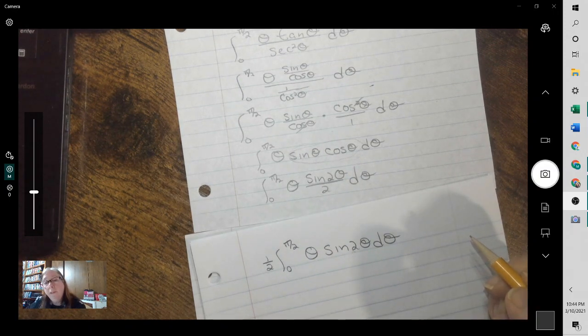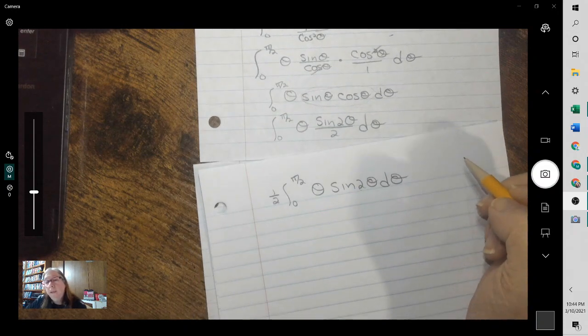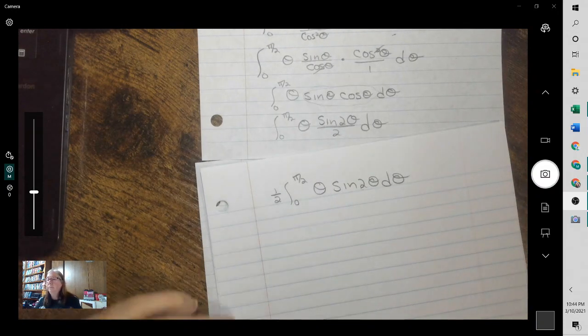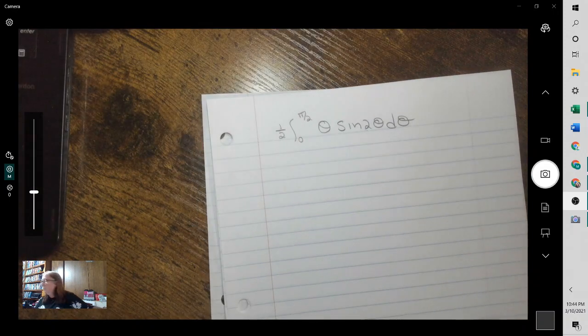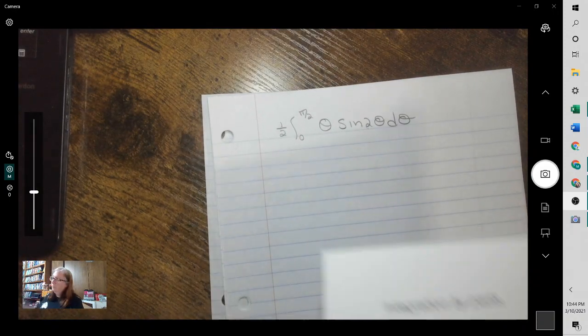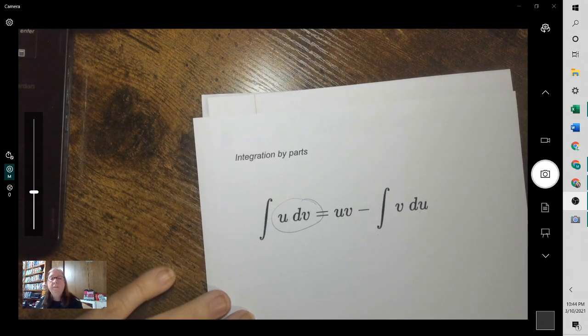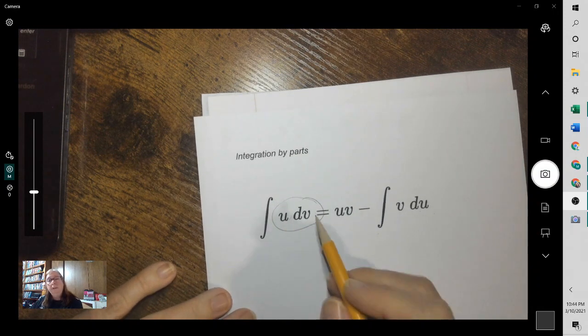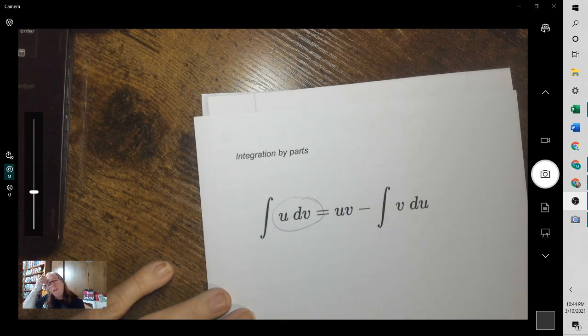Now we have one trig function. And what can we do? Integration by parts. We need to find our u and our dv, but we can use integration by parts.